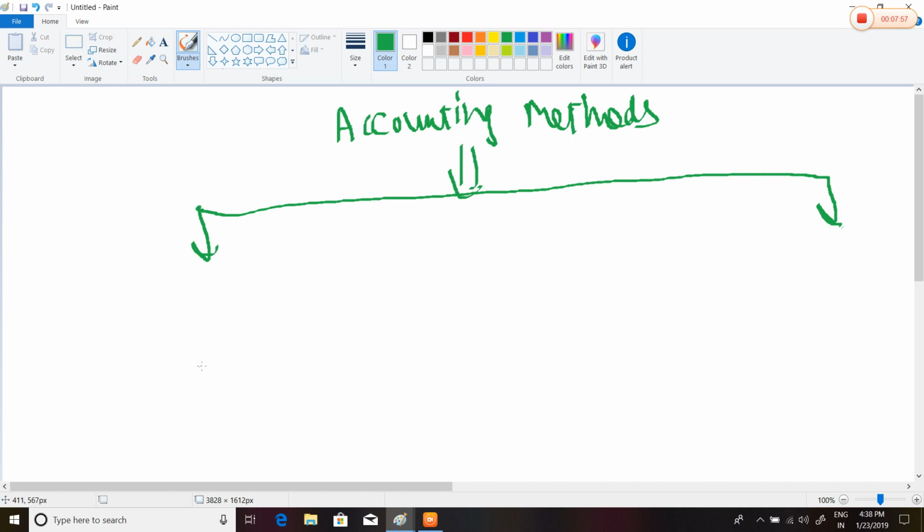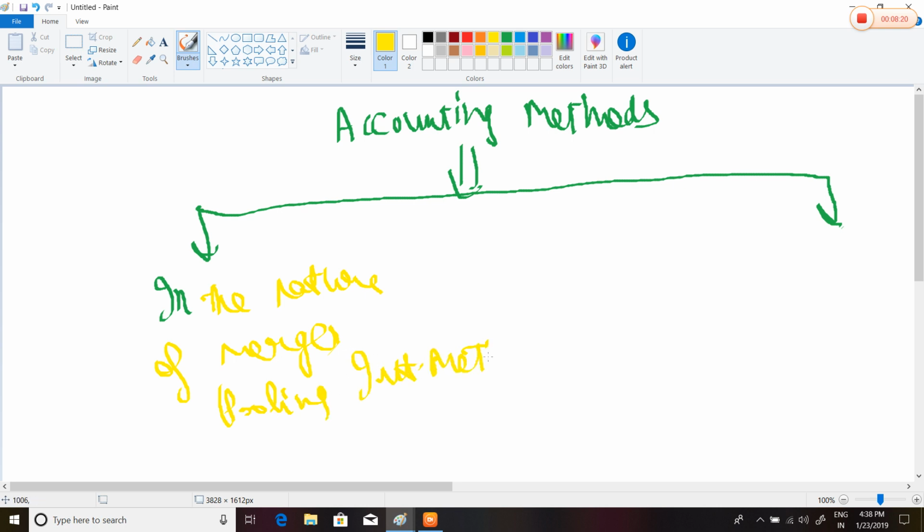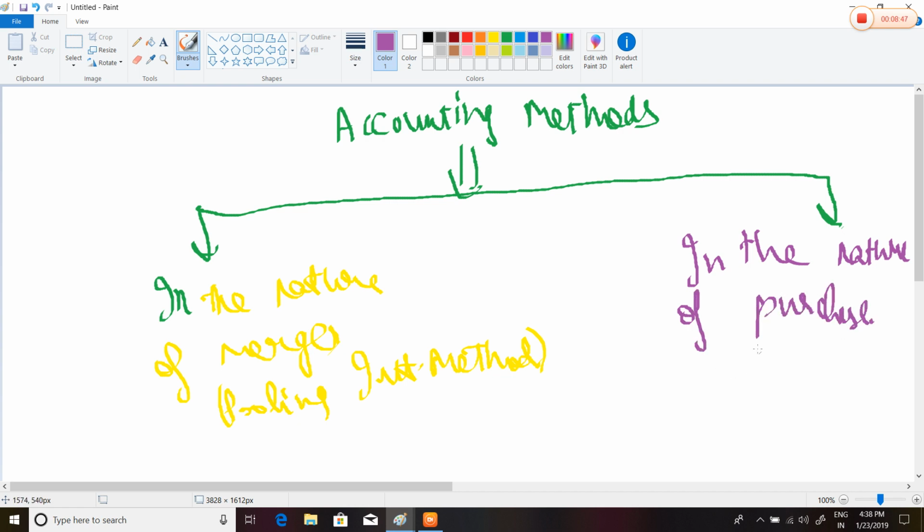In the nature of merger, that is the pooling of interest method, and in the nature of purchase, it is known as the purchase method.